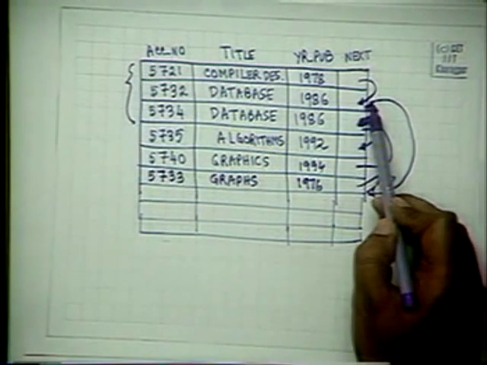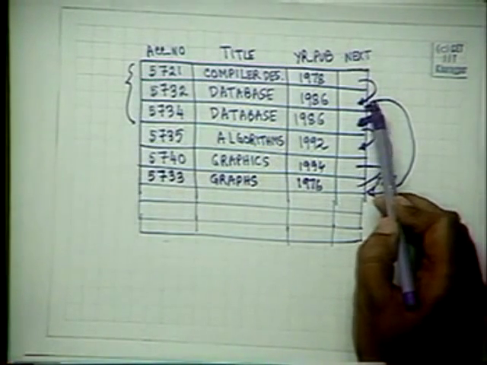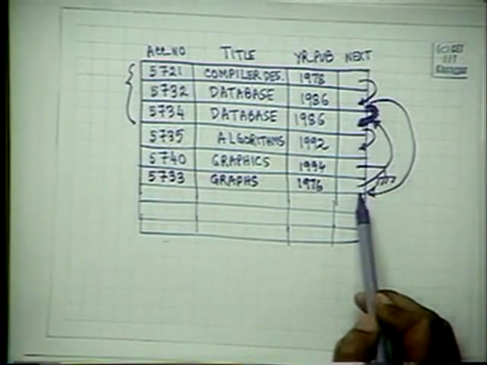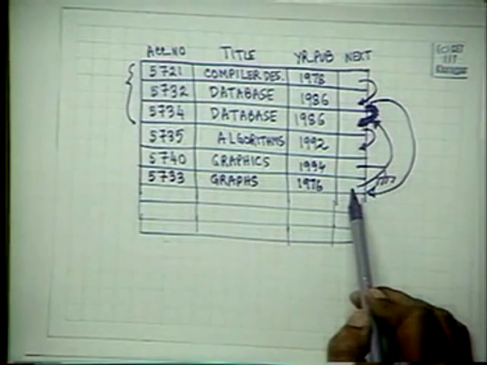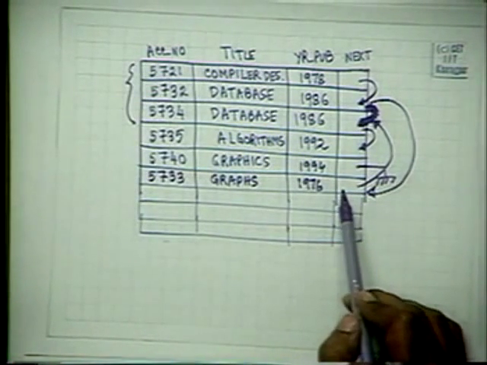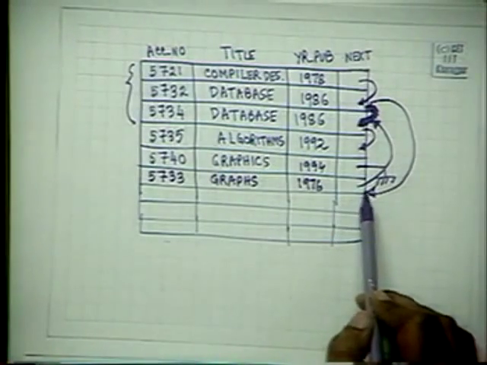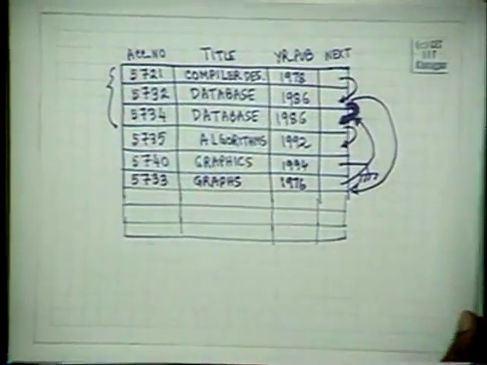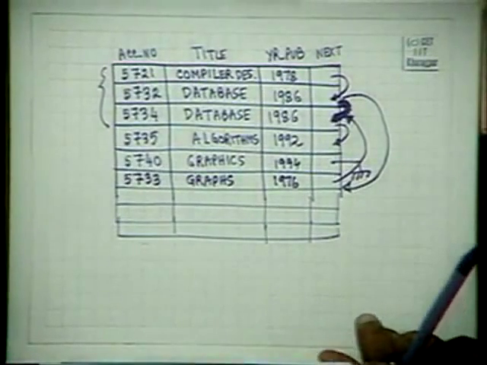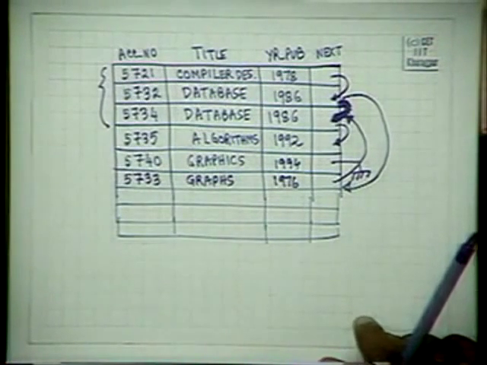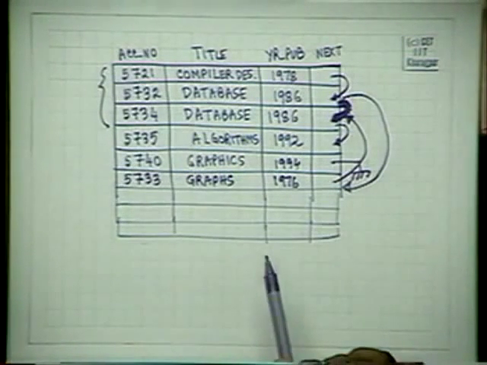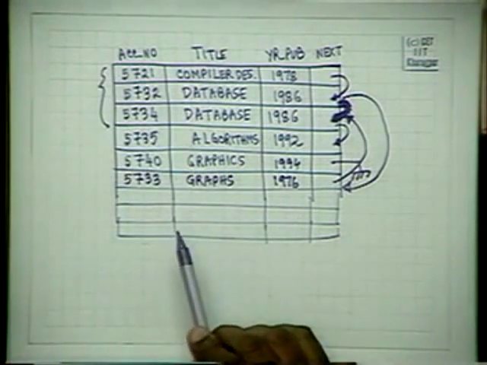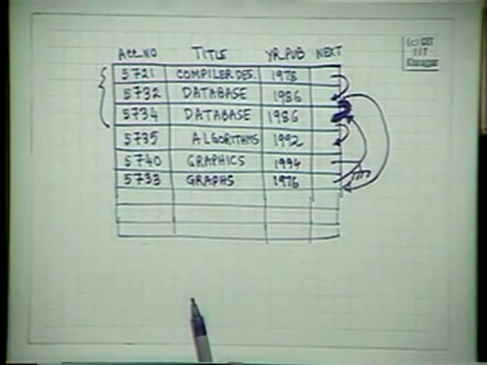In order to access this, you will have to get another block, and in that block maybe you will find this. So, the advantage of binary search which we had in a strict sequential file will be slightly lost if we maintain this, but then we will have more advantage in insertion and deletion, and that advantage is drastically better than what we have now. So, wherever we insert, we will continuously insert like this.